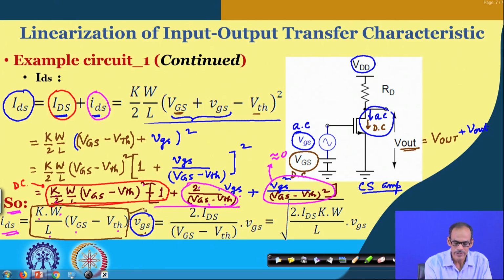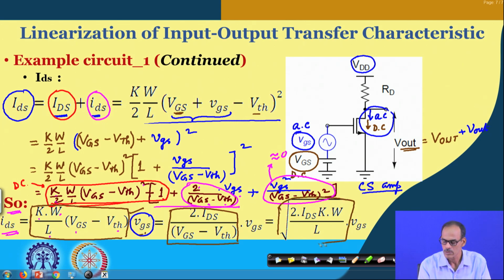In fact, this part can be rewritten in different forms. In fact, it is having 3 different forms. We do have form A, form B, and then form C. All are the same.